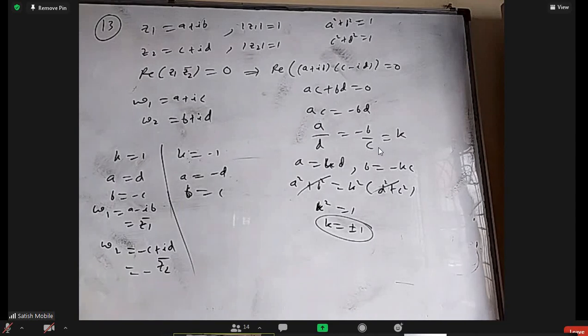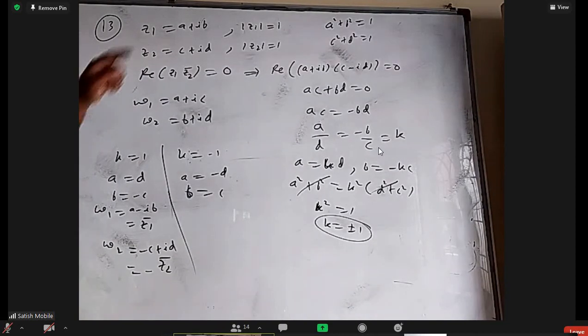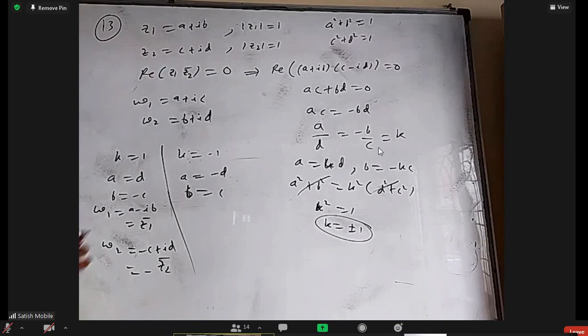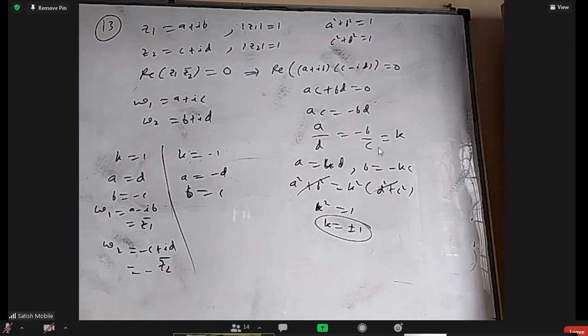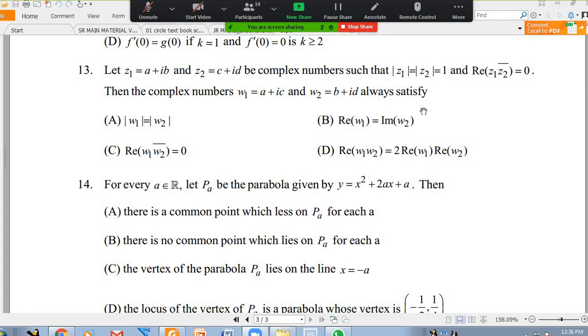What is the advantage of understanding W1 and W2 in terms of this? We know mod Z1 equal to mod Z2, so we know mod W1 equal to mod W2. So we already got option A, mod W1 equal to mod W2. Next, real part of W1 is the same as imaginary part of W2.